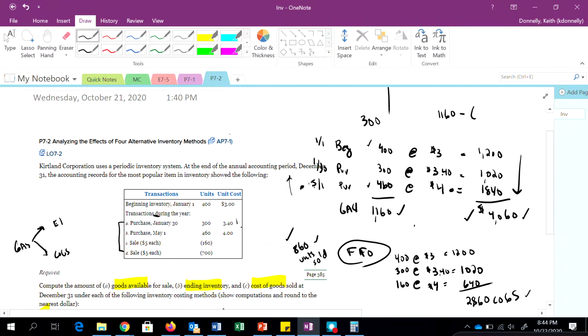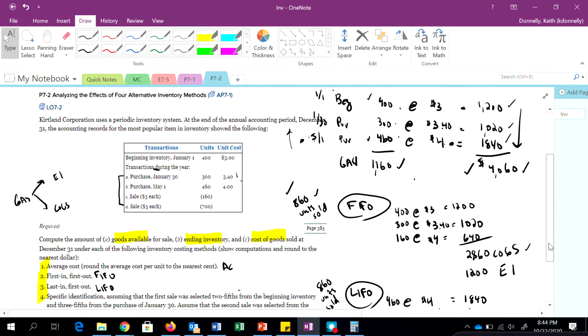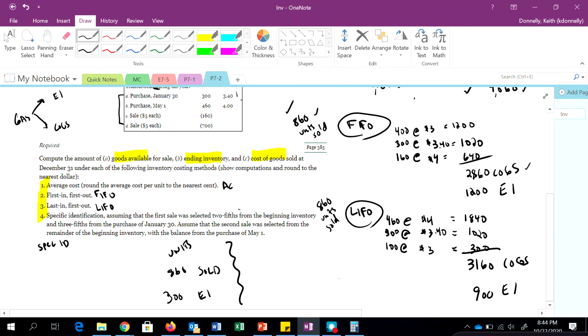We started with 400 at $3, and we bought 300 more at $3.40, bought 460 more at $4, so that gives us 1200, 1120, 1840. All in, we're at 4060, so that's our total cost.